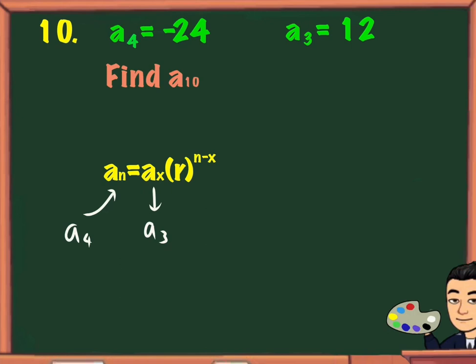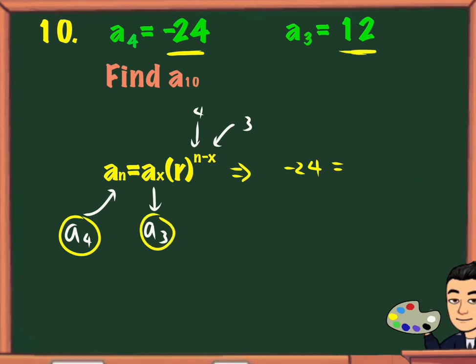So n equals 4 and x equals 3. Knowing that a sub 4 is negative 24, I can rewrite this as negative 24 equals, and a sub 3 is positive 12, so 12 times r to the 4 minus 3.